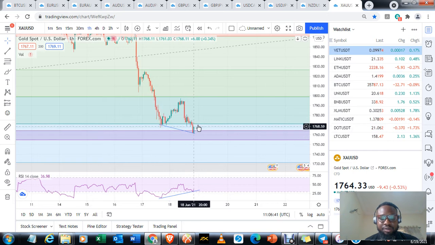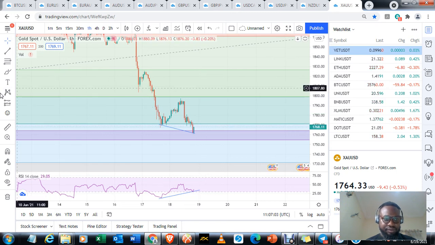Seeing this divergence, I'm pretty confident price would pull back, maybe just for a few pips, or I can even pull back all the way. So this is what I am looking at, and I will just look to see how price opens on Sunday before I jump into the trade.